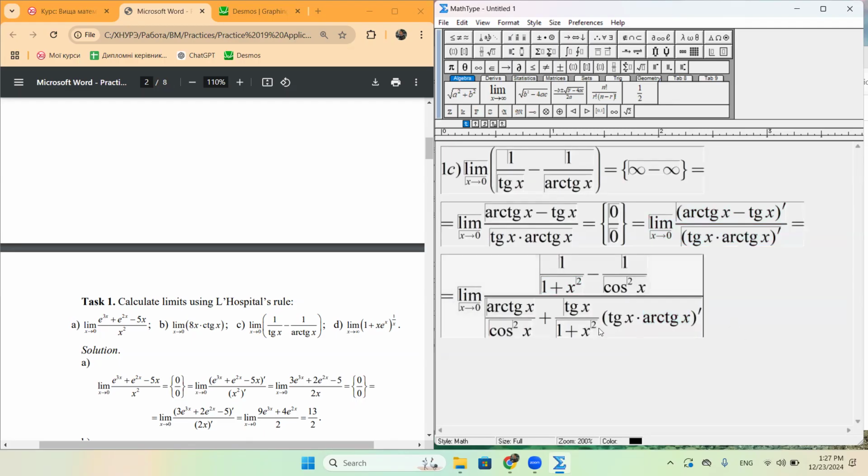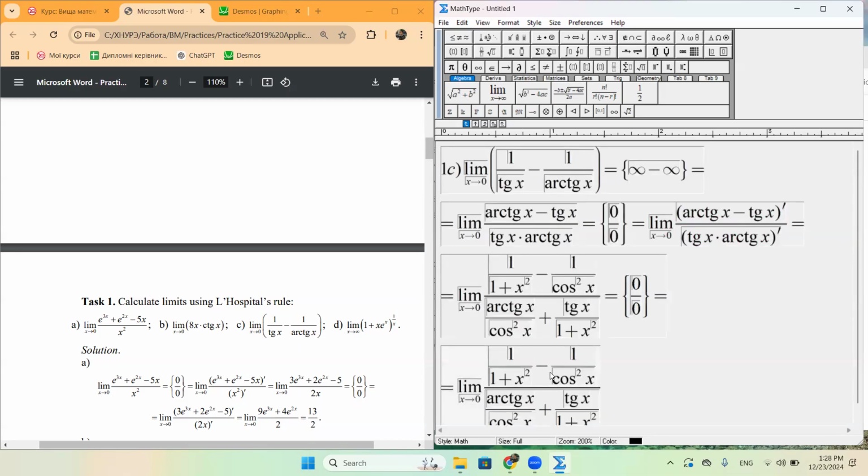Okay, so we differentiated, and now if we substitute 0, we get 1 minus 1, 0, and here 0. So again, the indeterminate form has not gone away. First of all, let's simplify this expression.